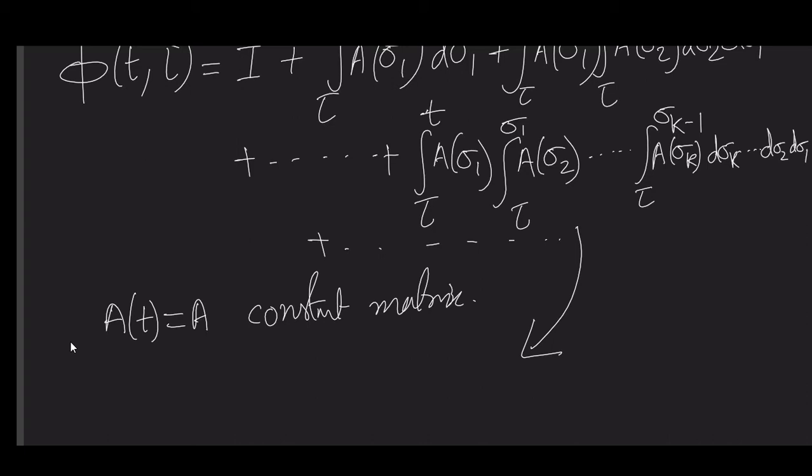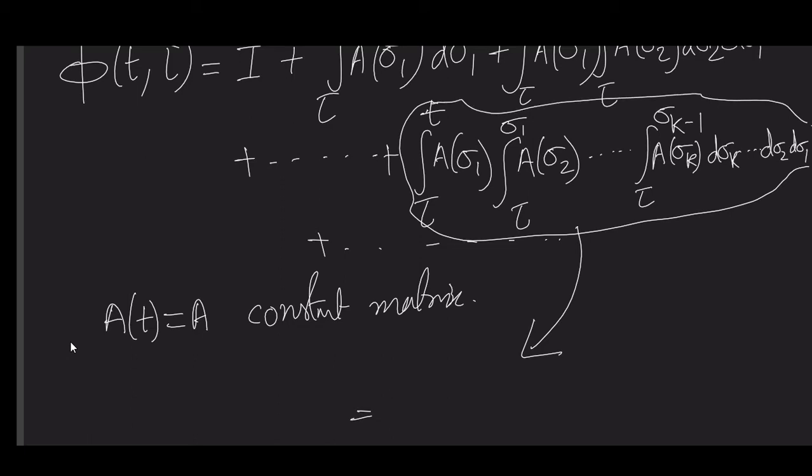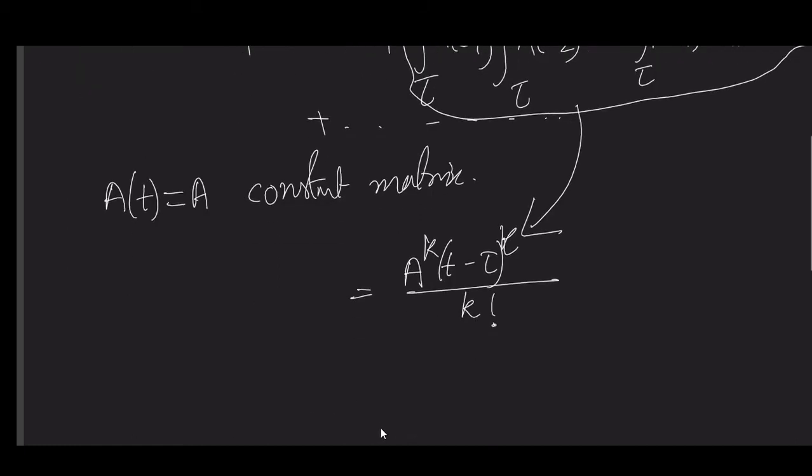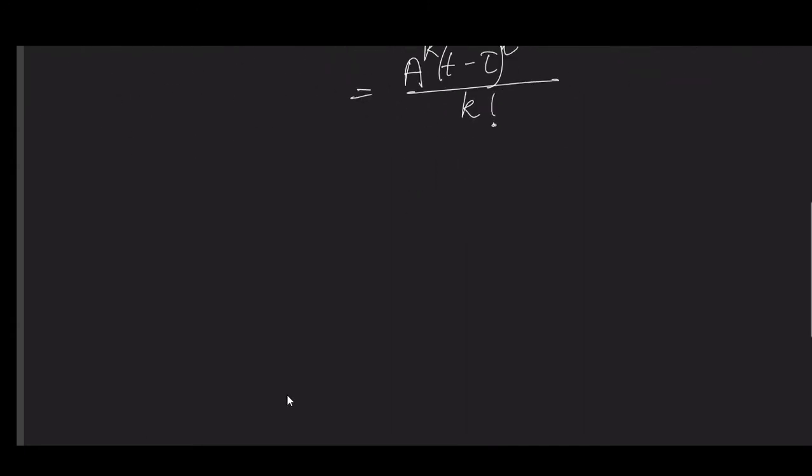A term in your Peano-Baker series will become this one, because all the A will become invariant of your integration. So it will be this. If you want, you can verify this result of this integration.